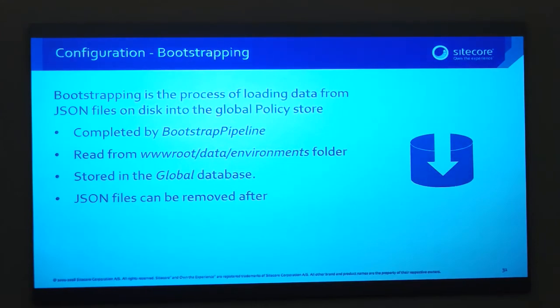For example, in the wwwroot folder, you have the data environment folder, and in the environment folder you get policies and environment information. Those are JSON files. So the bootstrap process reads the data from the JSON files and pushes the data to the global database. That work should be handled by the DevOps role. After bootstrapping, the JSON files are no longer required and can be removed, because data will be retrieved from the database, not from the JSON files.